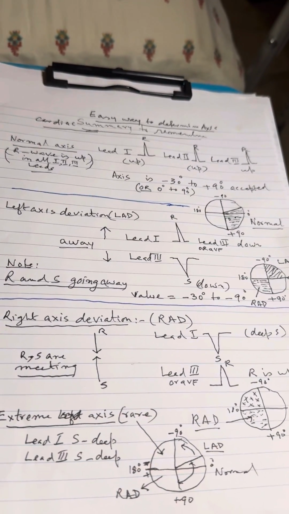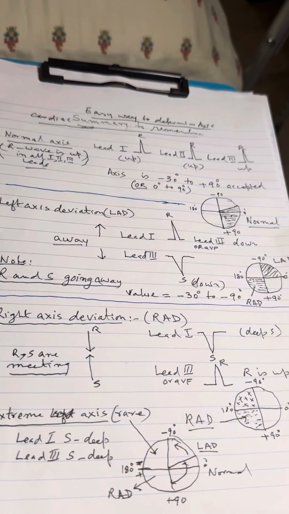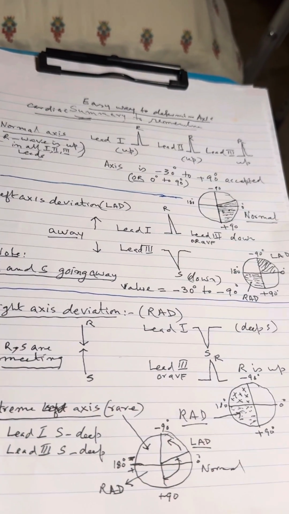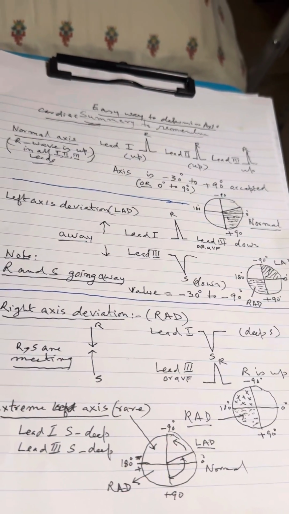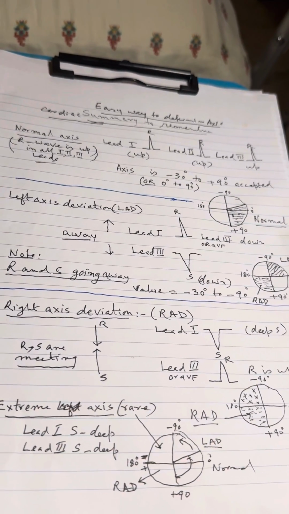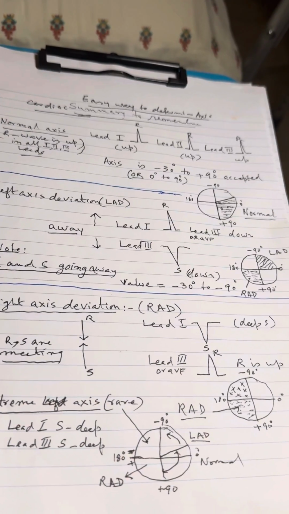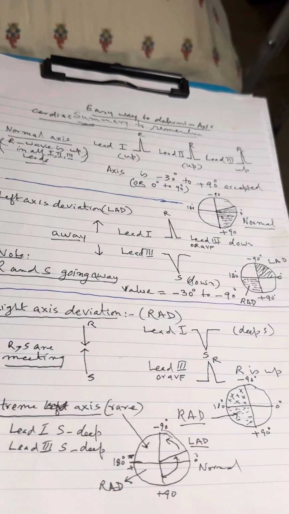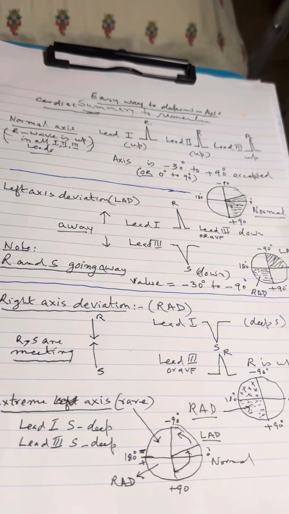So when we say right axis deviation, it means the heart is enlarged and deviated to the right side. Similarly, left axis deviation means the heart is enlarged and is more towards the left side.